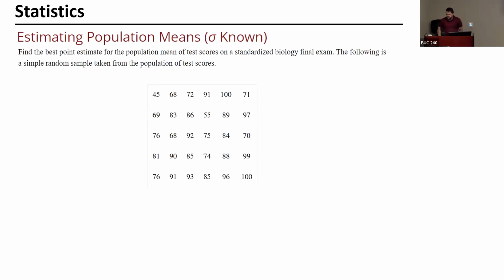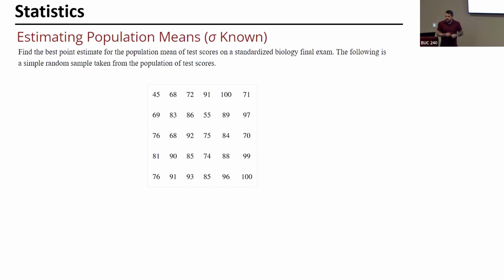I'm not going to make you do this for the sake of time, but hopefully every single one of you knows how to do this. If I said to you, find the best point estimate for the population mean of test scores on a standardized biology final exam, and there are all the test scores, how would you find the mean of all that? Use your list function. Just put everything in your list, and let it do the calculation for you, and it's going to give you the X bar.